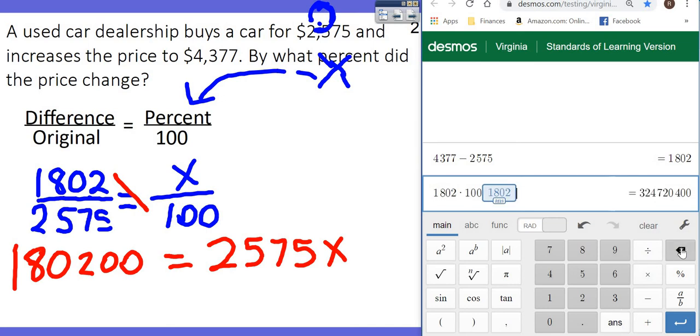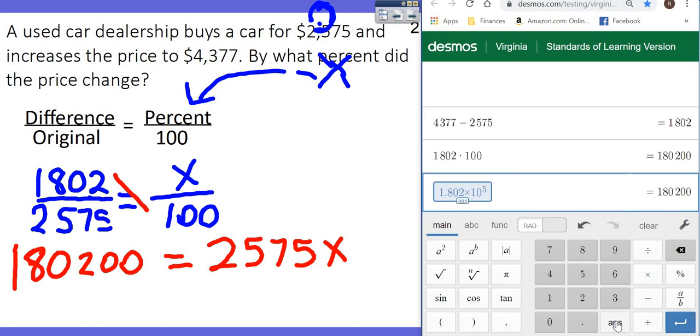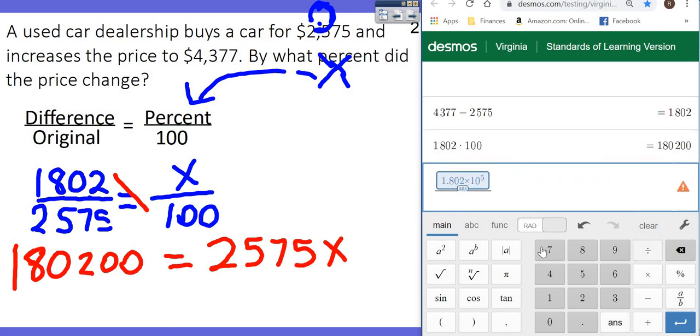Now I'm going to use this answer key right here and click it. Whoops, sorry, that's not what I meant to do. I'm going to first go down one line, then I'm going to click my answer key, and it brought it down. It put it in scientific notation, but that's fine. It can do that if it wants to. And I'm going to divide it by the 2,575. Okay?